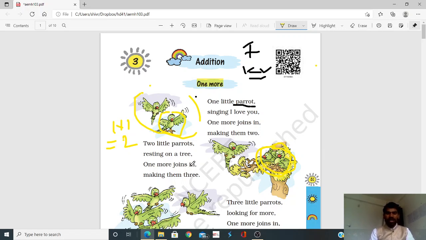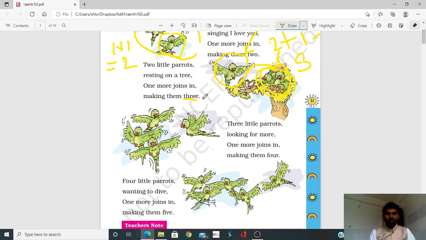One more joins in, and he joins here, making them three. Two parrots are on the tree, plus one parrot. That parrot joins them, making them three parrots, right?